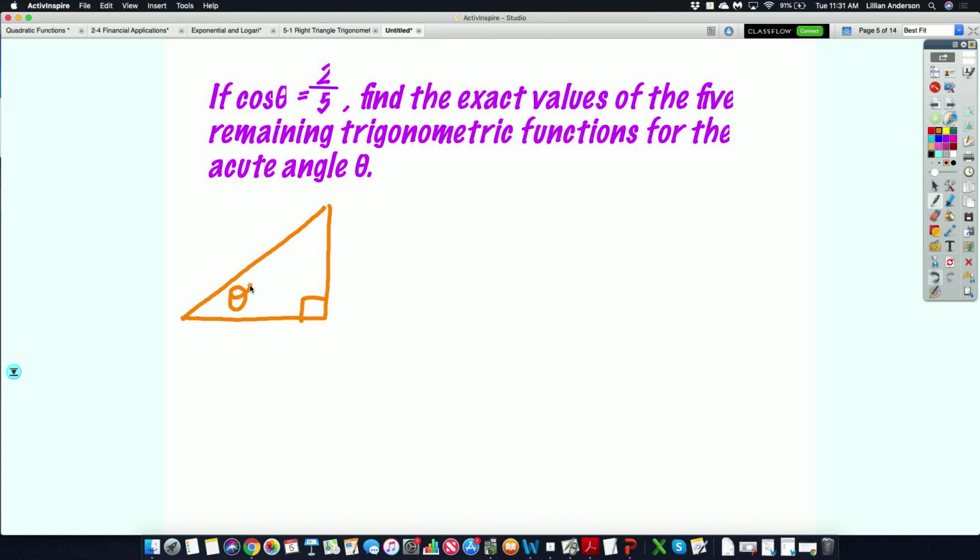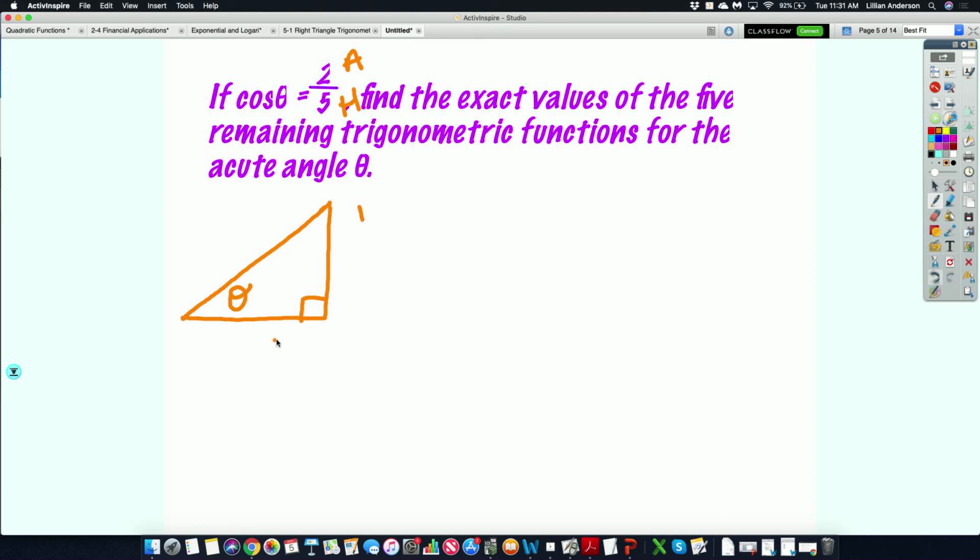Cosine is 2 over 5. In general, cosine of an angle is what over what? Adjacent over hypotenuse. So indirectly, we were given the adjacent side and the hypotenuse in this triangle. Okay? So based off of my picture and where I put my theta, my 2 should go where?